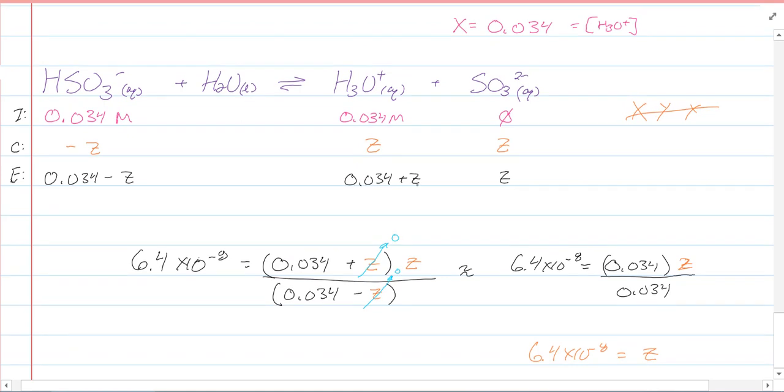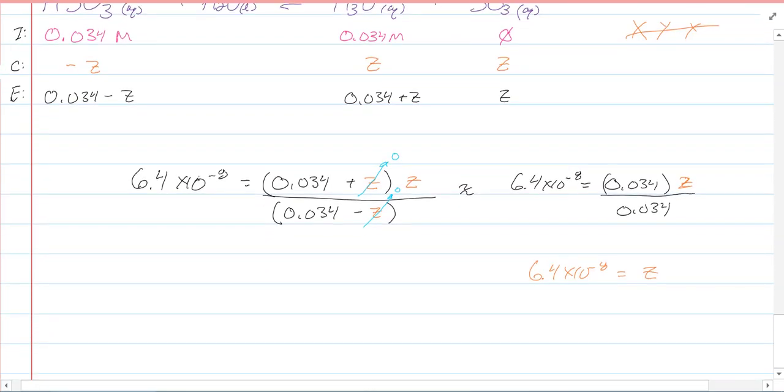So right there. So now, what is the concentration of hydronium? The concentration of hydronium is equal to 0.034 plus X, which we solved for X, and then Z, 6.4 times 10 to the minus 8. So that means the concentration of my hydronium will be 0.034.